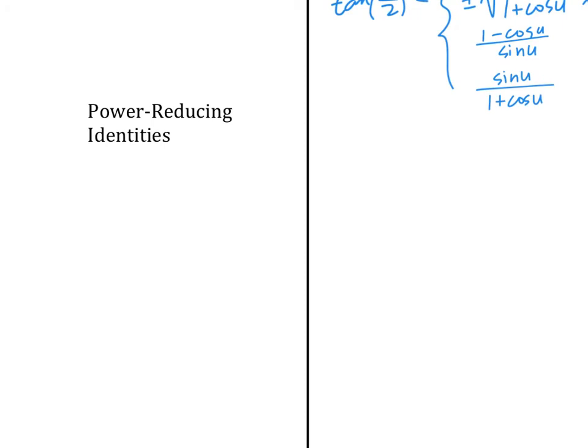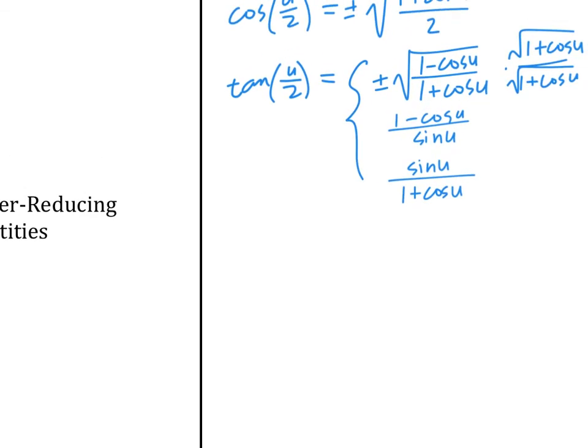Okay, power reducing identity means I don't want the higher degree, I want to reduce it. So for example, if we have sine squared u, that means the degree is 2. I want to reduce it to a degree of 1, then I'm going to use this identity: 1 minus cosine 2u, that's like a double angle, and then over 2.